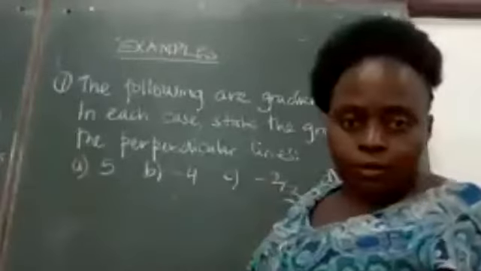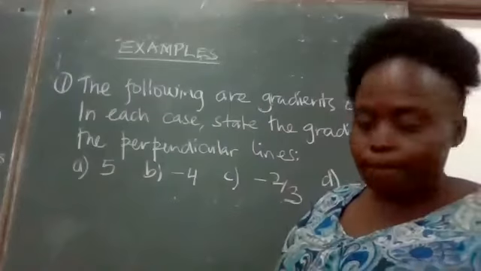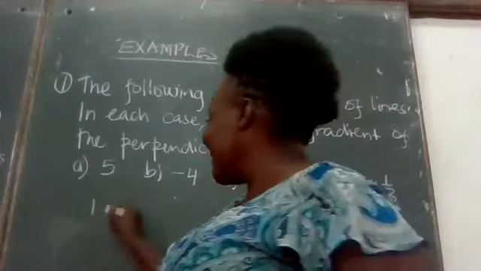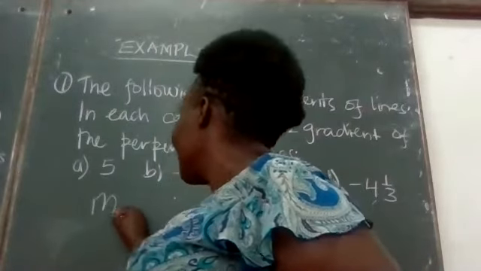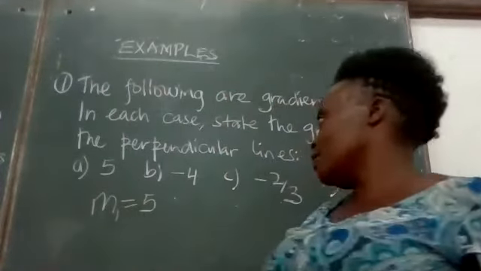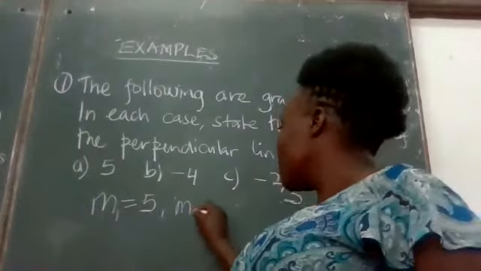Yes, Ntongo. Teacher, I think since we have M1 and we know that the product of both the gradients is -1, we can say M1 times M2 is equal to -1, and then 5 times M2 is equal to -1, and then find the other gradient. Slowly. Thank you. So we have M1. We can take 5 to be our M1, but we want to find M2.